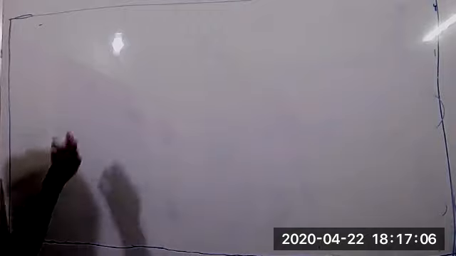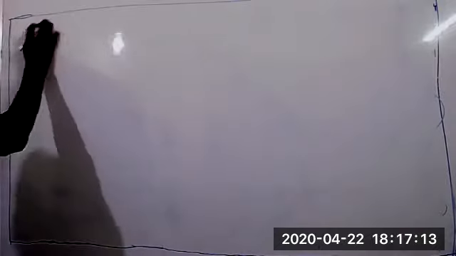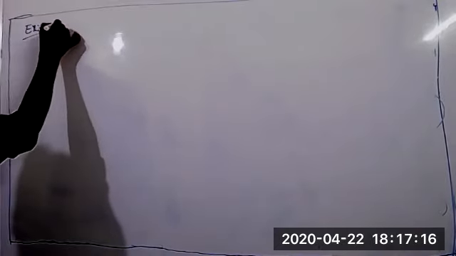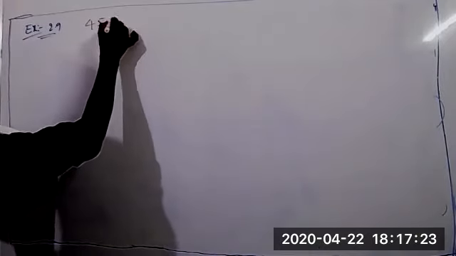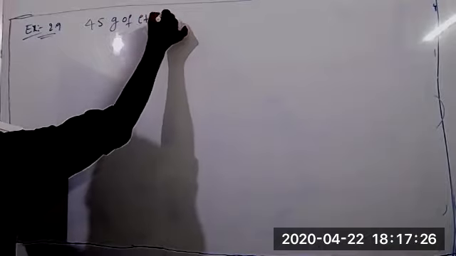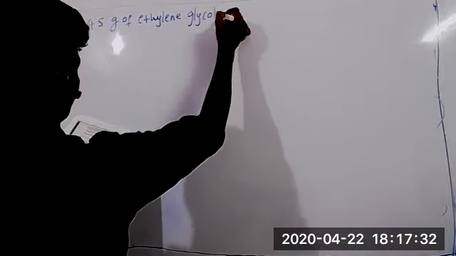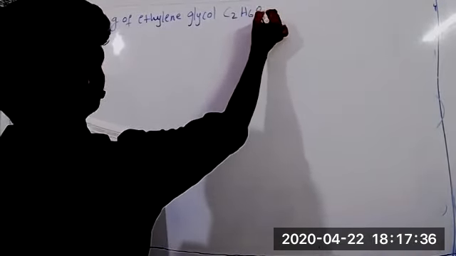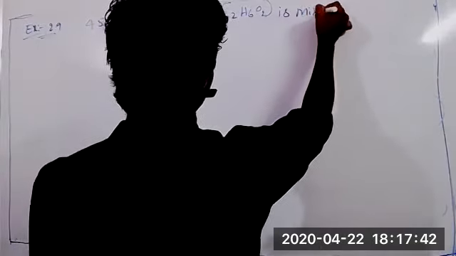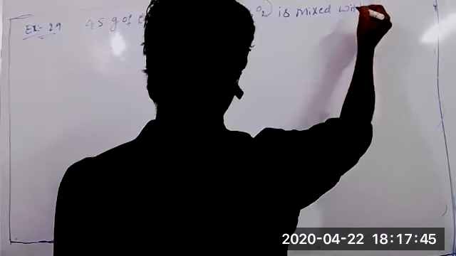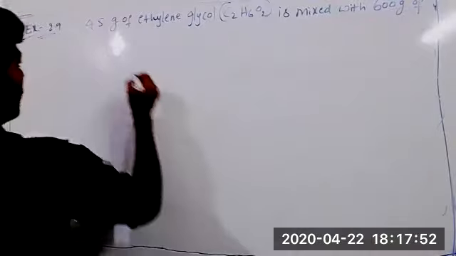Write the example problem (2.9). 45 grams of ethylene glycol, C2H6O2, is mixed with 600 grams of water.